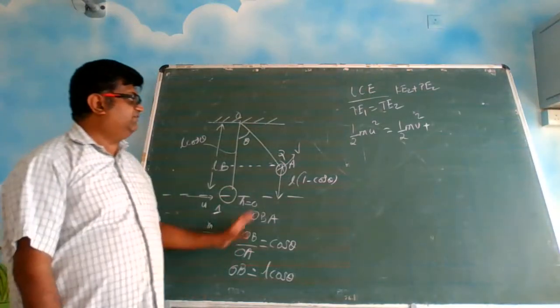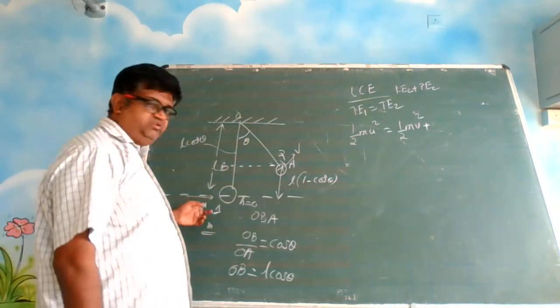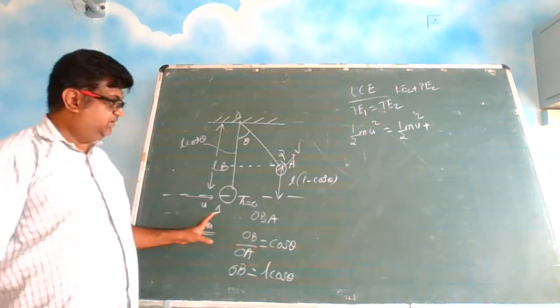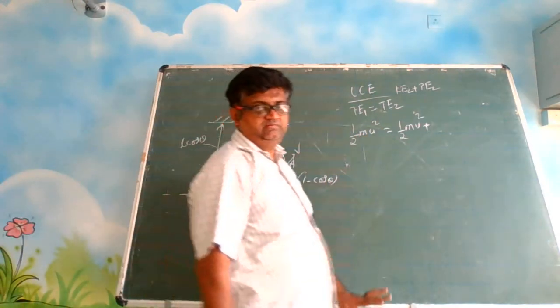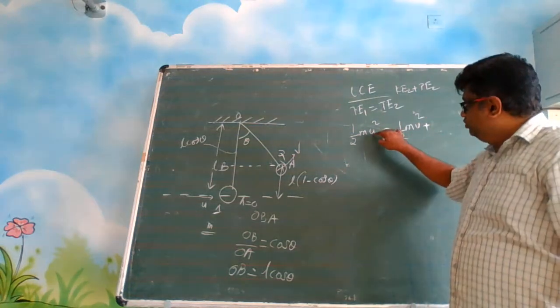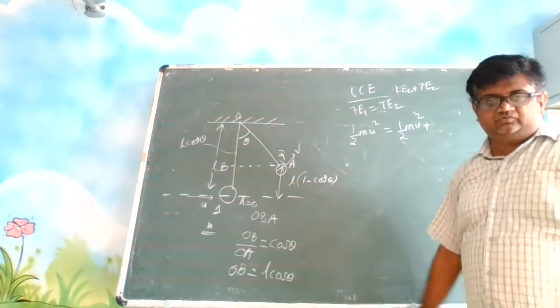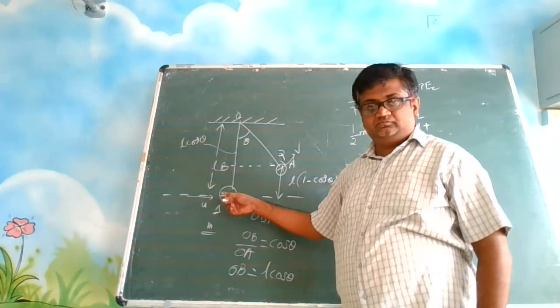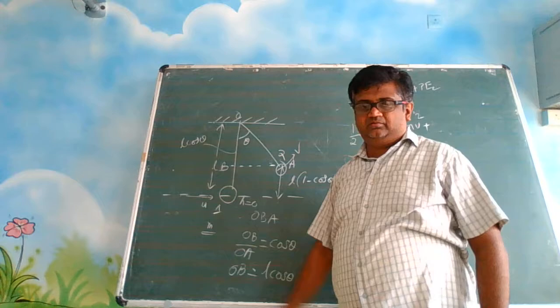I am trying to derive a general expression. u is given. u can be 5 meter per second, it can be 10 meter per second. v is the unknown here. Even though I may be solving in general terms, u is given in the question. Length is given. Theta is given.